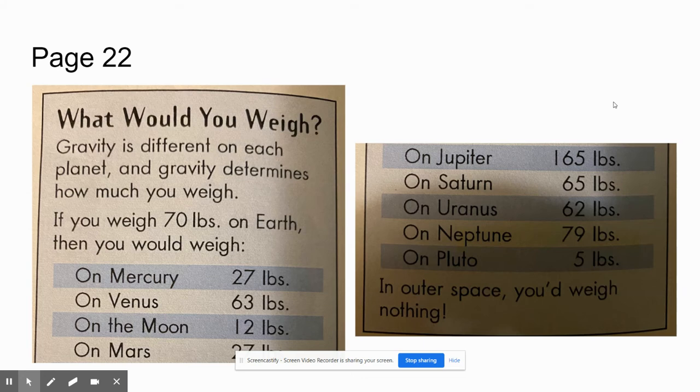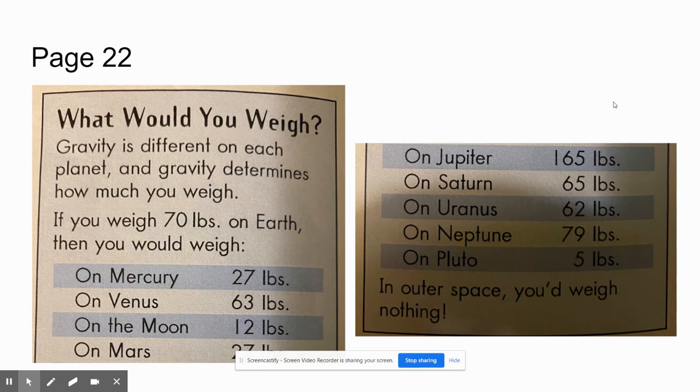Pluto and other dwarf planets. Before 2006, the space object called Pluto was the ninth planet of our solar system. But scientists debated and voted to create a new category called dwarf planets for space objects like Pluto.